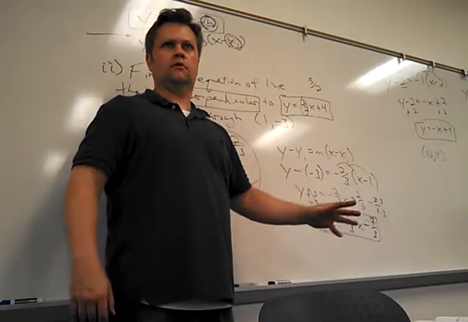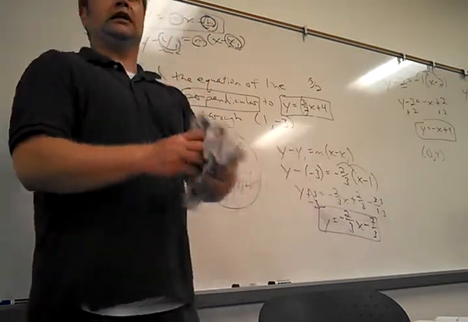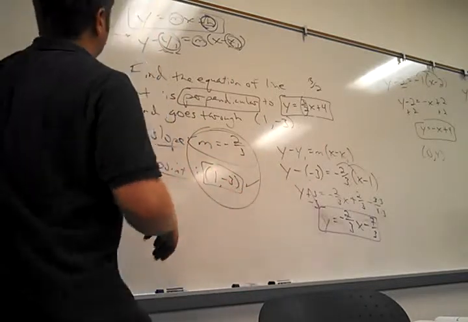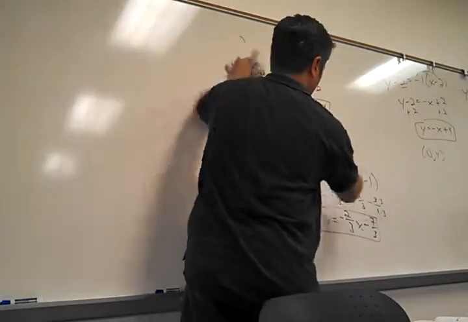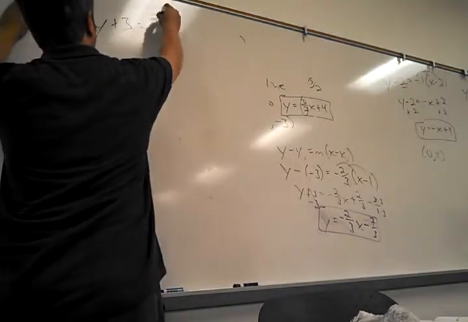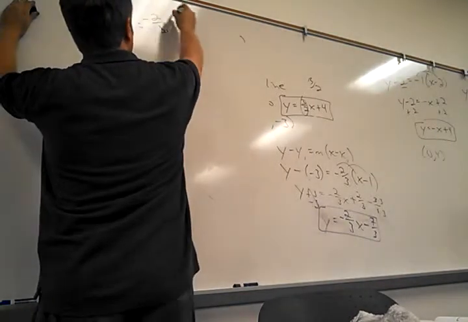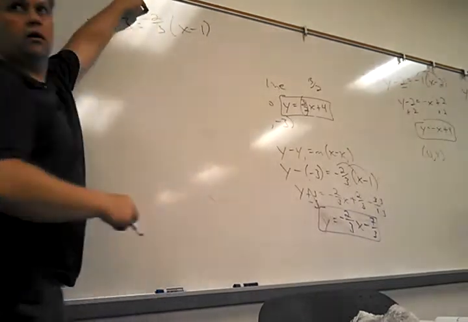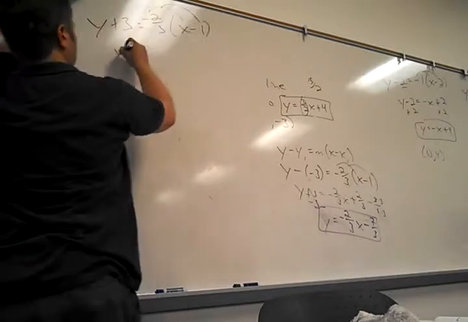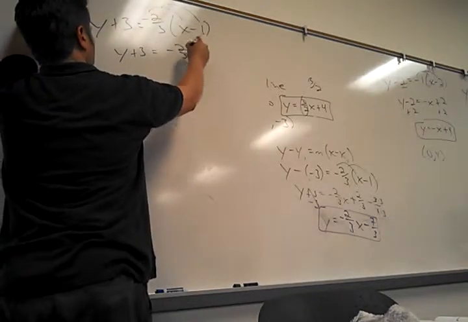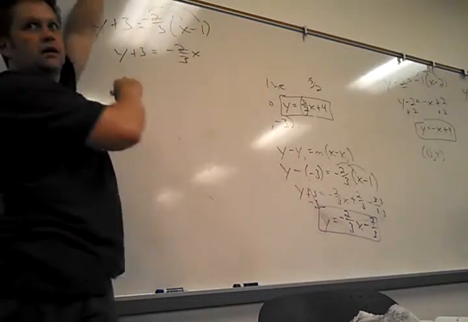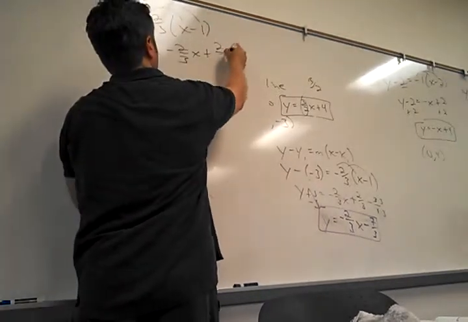Okay, I see it. I think the fractions are getting in everybody's way, at least in my way. So again, after I plug stuff in, distribute. Negative 2/3 times x, negative 2/3 times negative 1 plus 2/3.